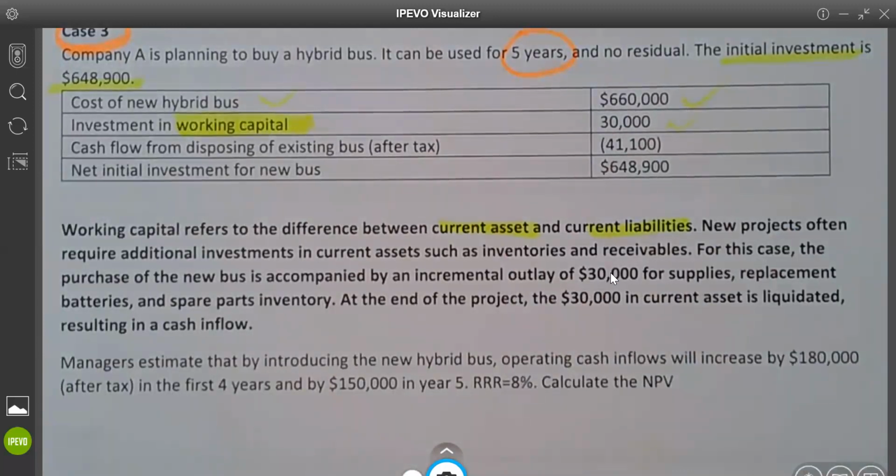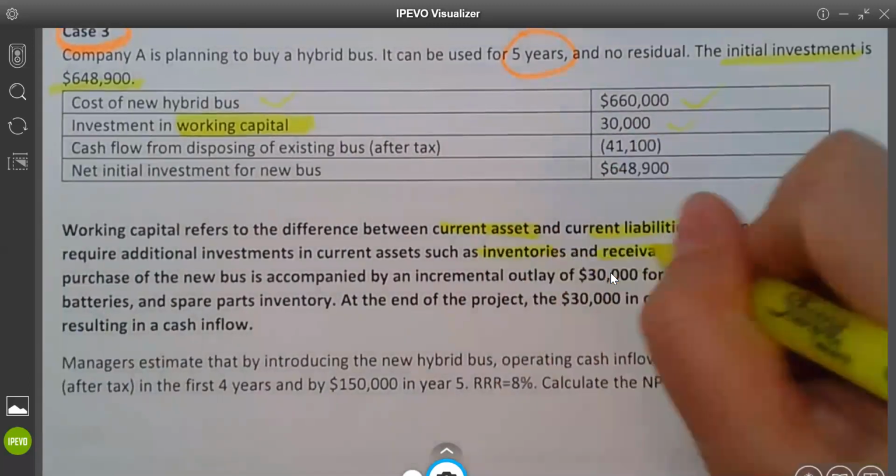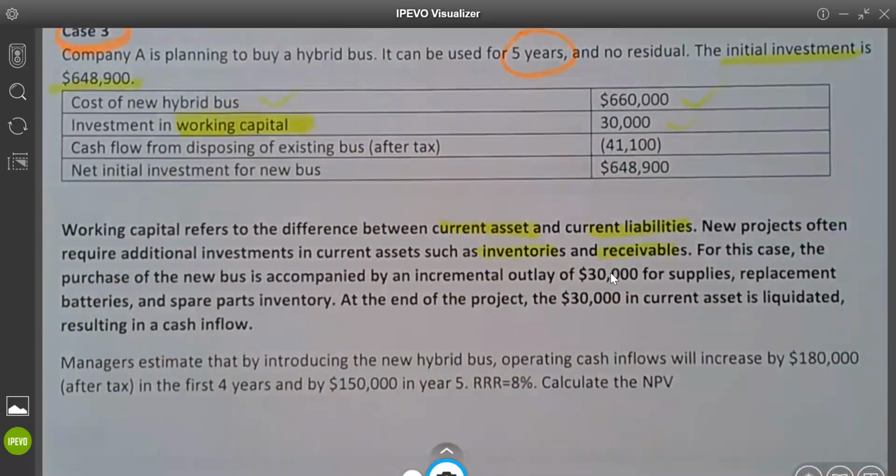Working capital is like inventories and receivables. When you buy the bus, you don't just get a bus. Most likely, you will get extra batteries, extra tires, you know. So some extra inventory, some extra parts.